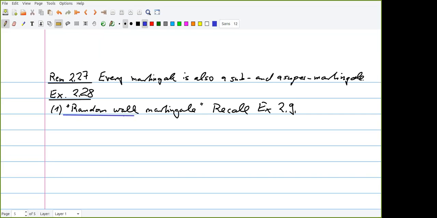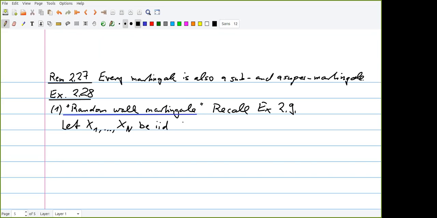So I will recall it for you now. This remark is more so that you know, okay, you have seen it already, and you can go back in your notes to check that you have seen it. So let's consider, as in this example, random variables X1 to Xn.